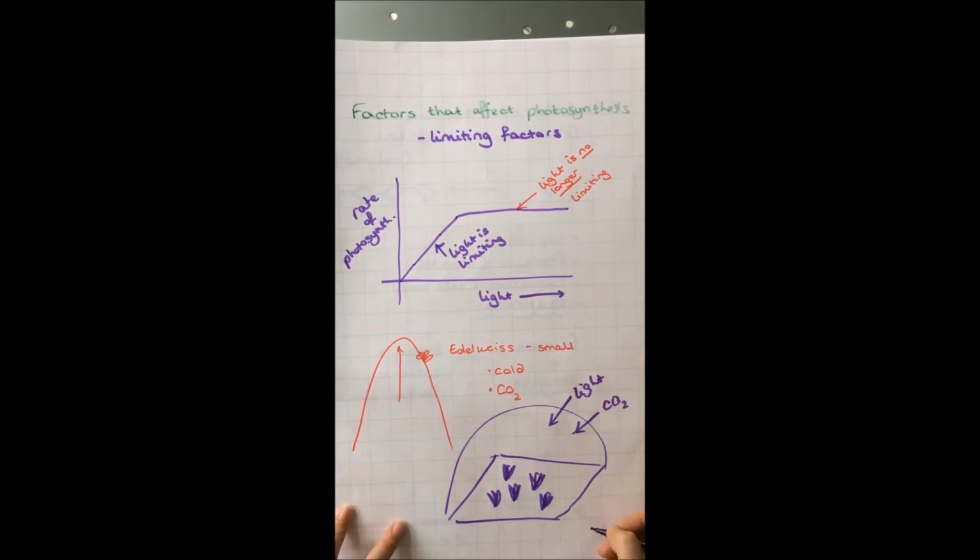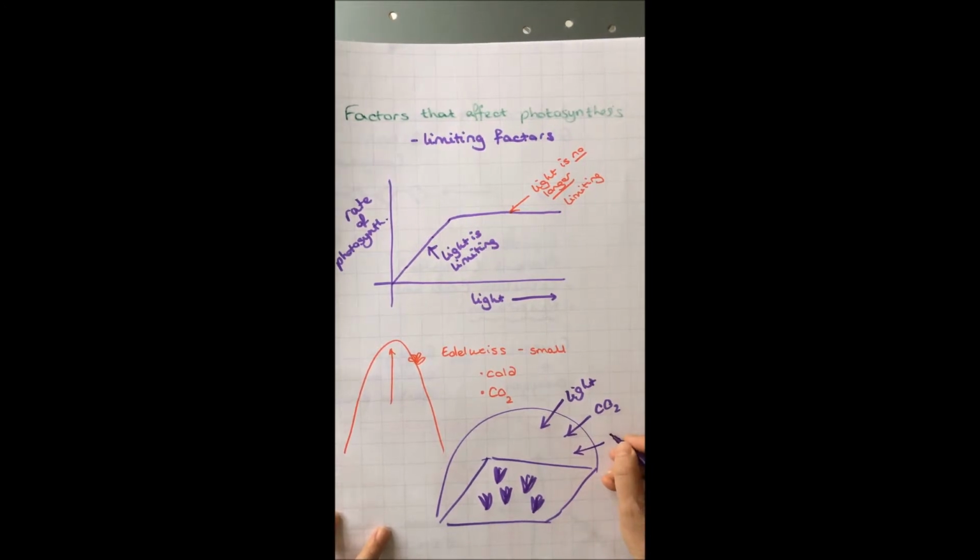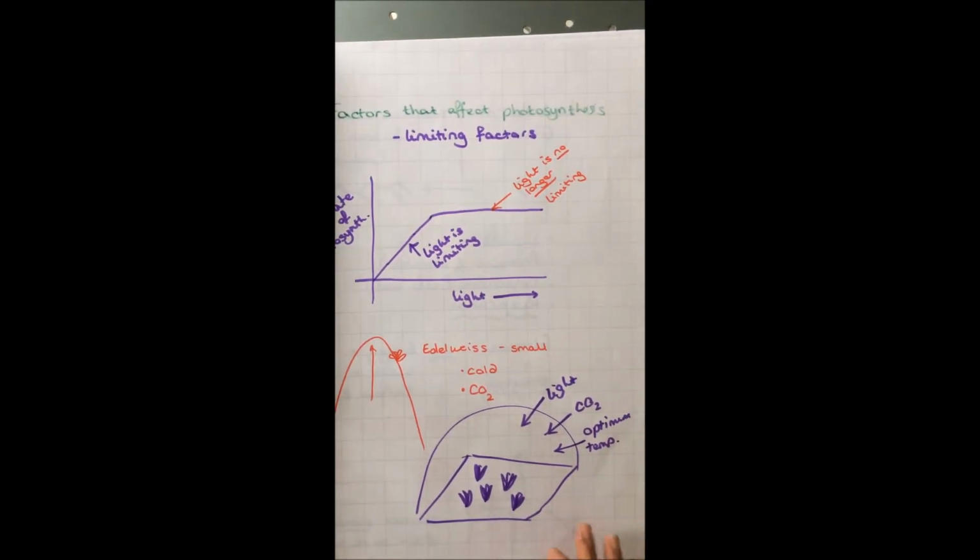They'll add maximum carbon dioxide to the atmosphere, and also they will keep the environment at the optimum temperature. And so by doing that, they are maximising the rate of photosynthesis and therefore the rate of growth of plants kept inside that environment. None of those things is then stopping or slowing down the rate of photosynthesis.